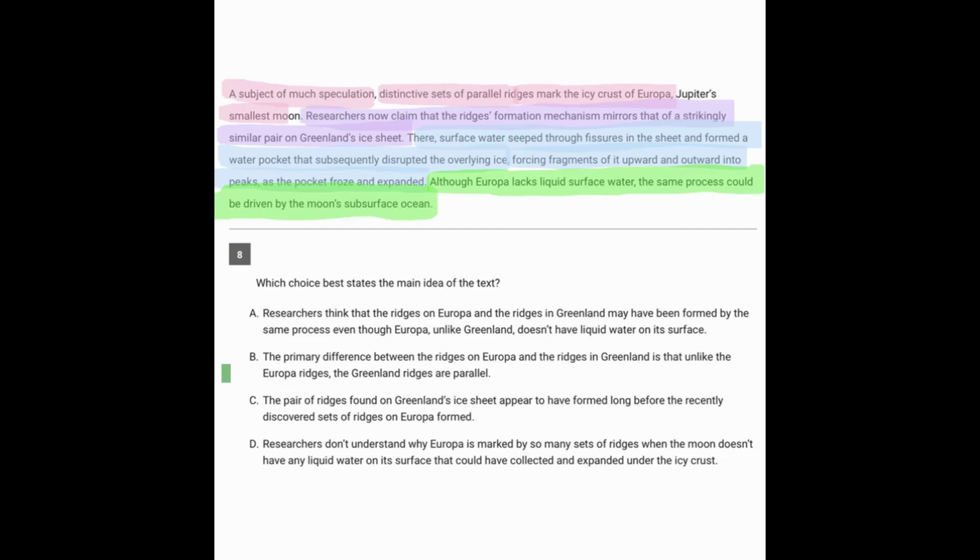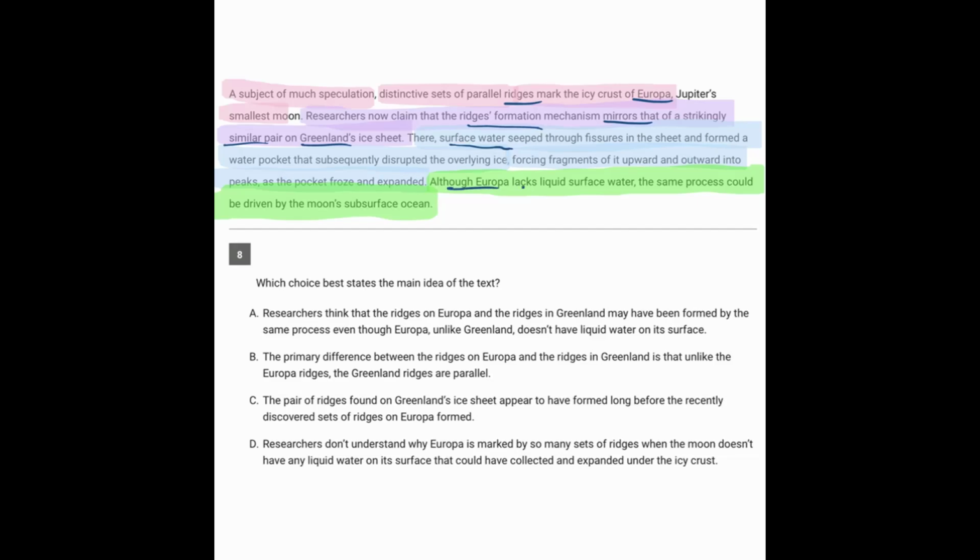So you don't need to take in every single detail there. You can always go back and get more details, but you need to have a good feeling of the overall thing that they're saying here. So there are these ridges on Europa. The ridges' formation mirrors something in another area, Greenland, where surface water did something that created those ridges.